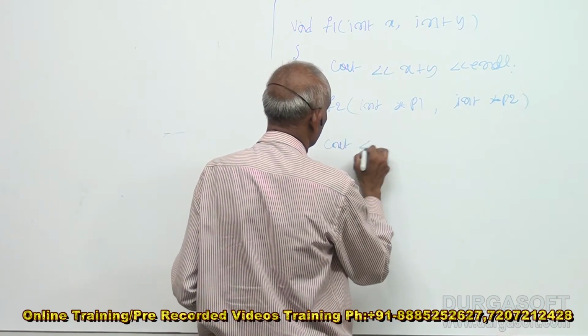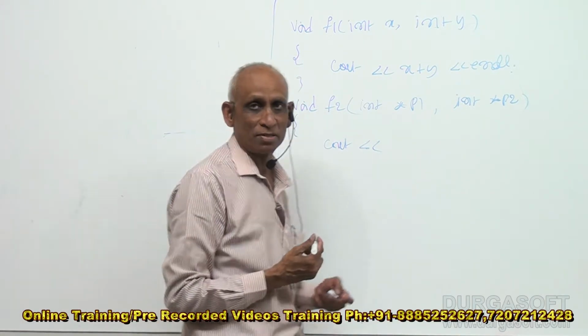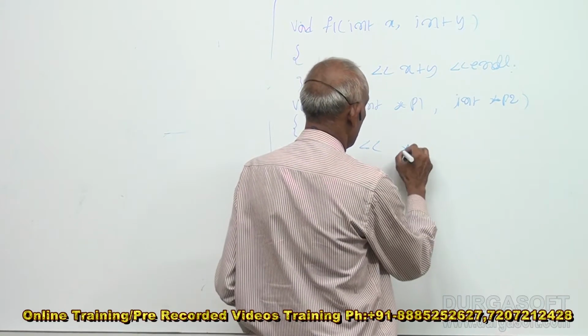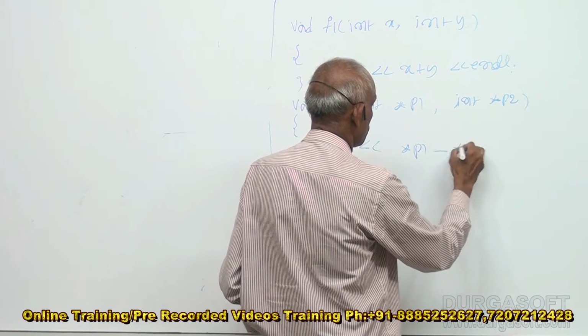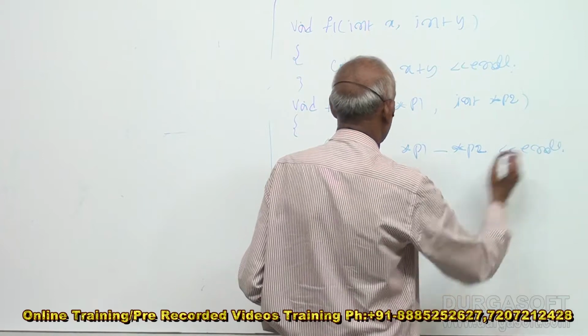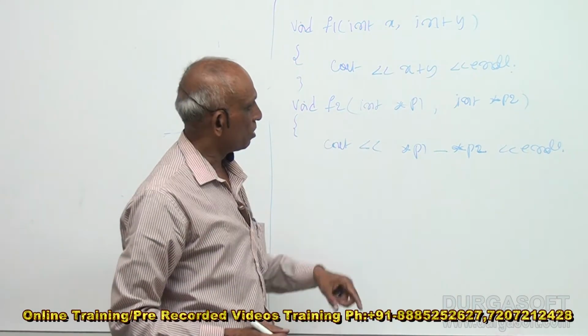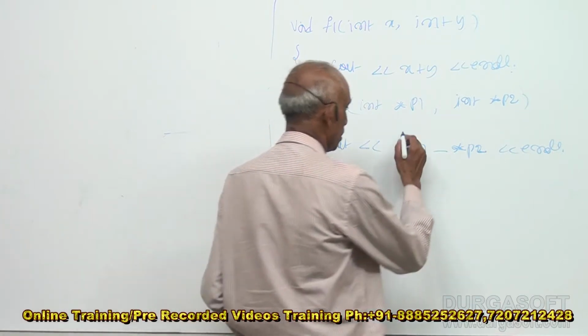cout. Now it has to find the difference. What is the difference? Star p1 minus star p2 endl. So star p1 acts as the first variable, star p2 is the second variable, and it prints this difference.